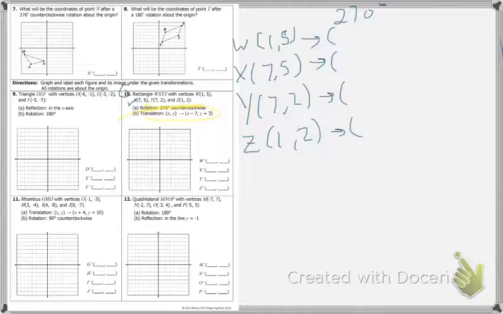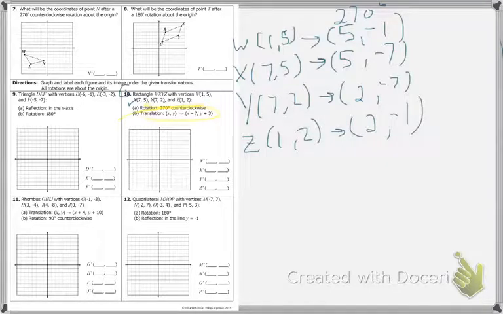So for W, 1 is positive, that means it's going to become negative, and it will be the new y. 5 stays. That means all my y's are going to be the new x's. The 7 becomes its opposite and becomes the y. Over here, same. Over here, same.